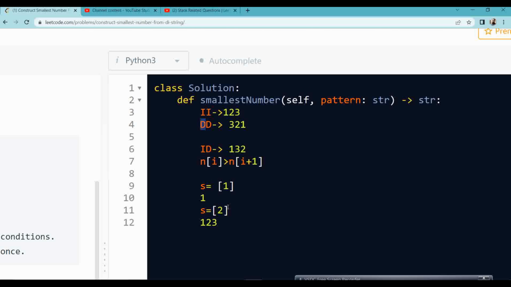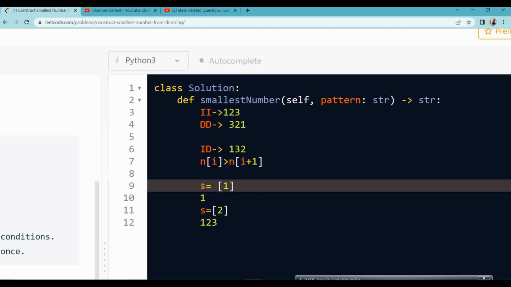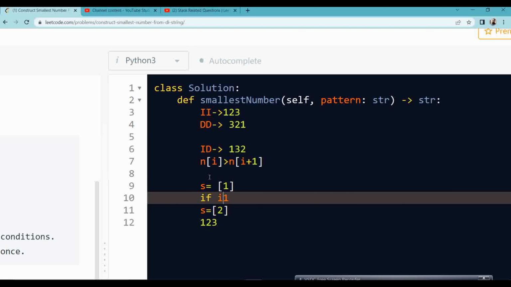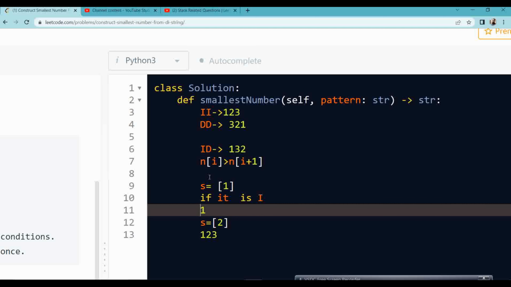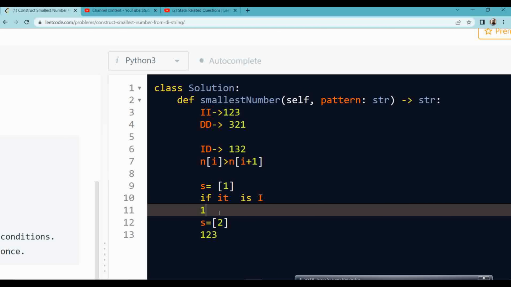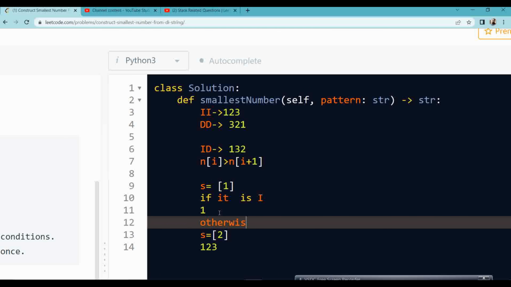If it is I, then I need to pop, otherwise I need to push.